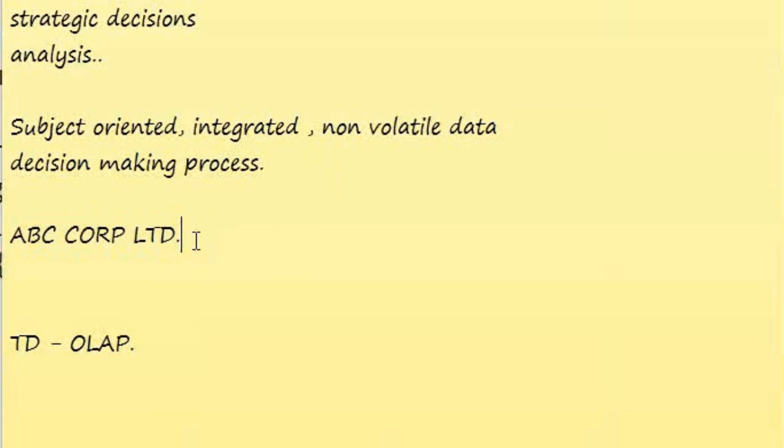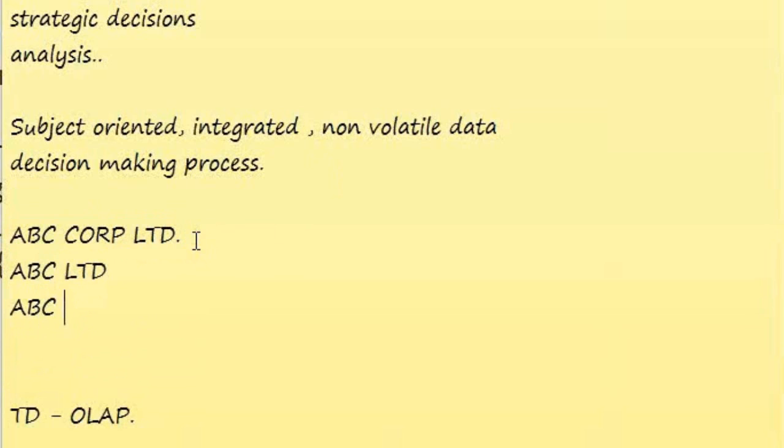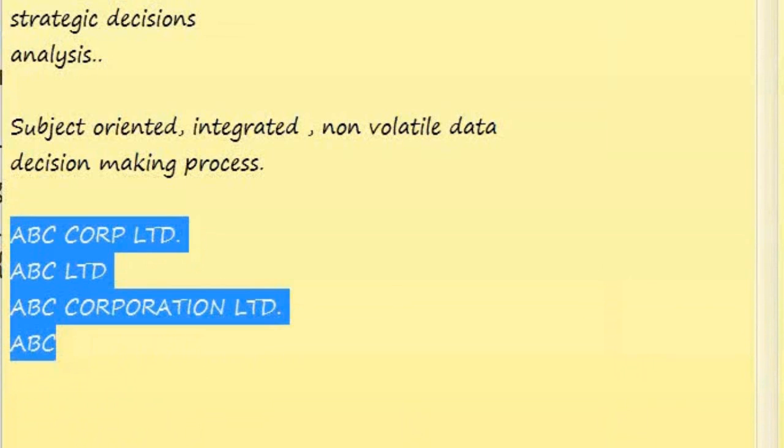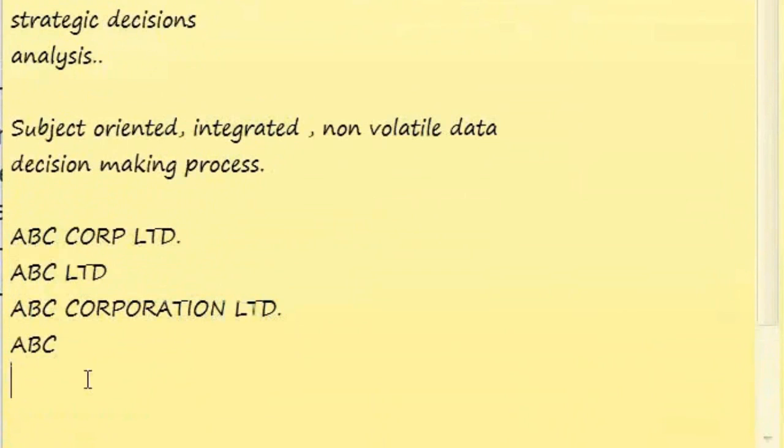At the end of the day or end of the month, they will send the data, right? Some companies enter this product like this: ABC Limited, ABC Corp Limited, ABC Corporation Limited, and then something like ABC. All of them represent the same company, but for their convenience they have entered the data into the system like this.